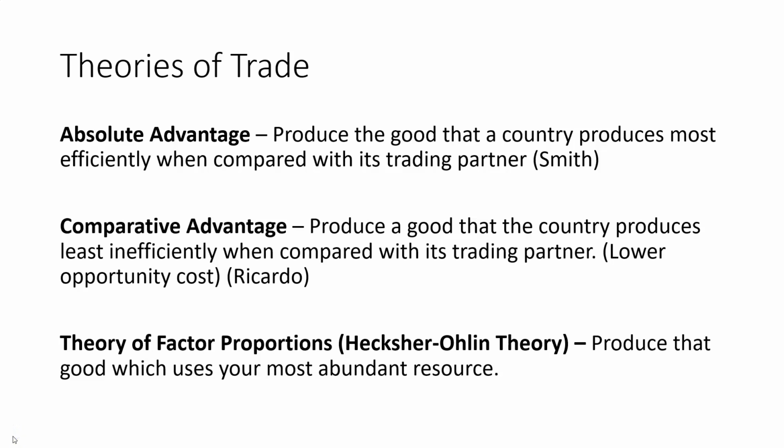We see the first or early indications of the theory of absolute advantage in The Wealth of Nations by Adam Smith. We're going to look at absolute advantage in a moment. But before we do that, let's look at the other two theories of what nations should trade.